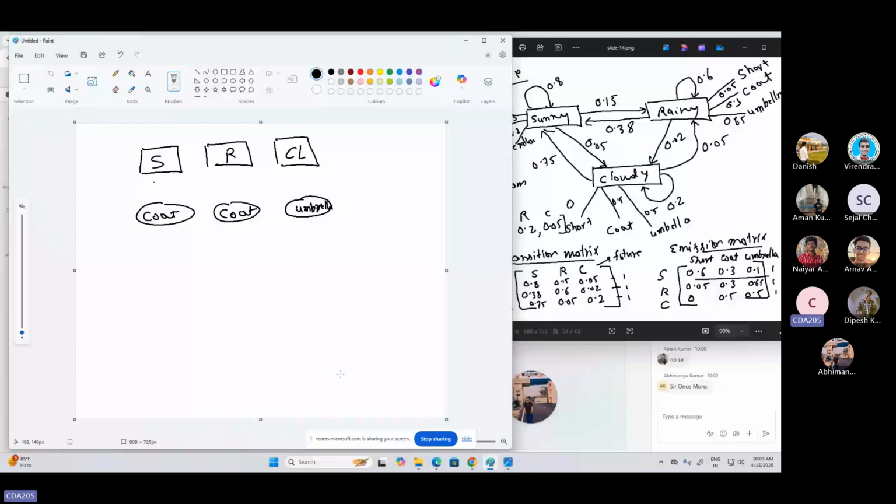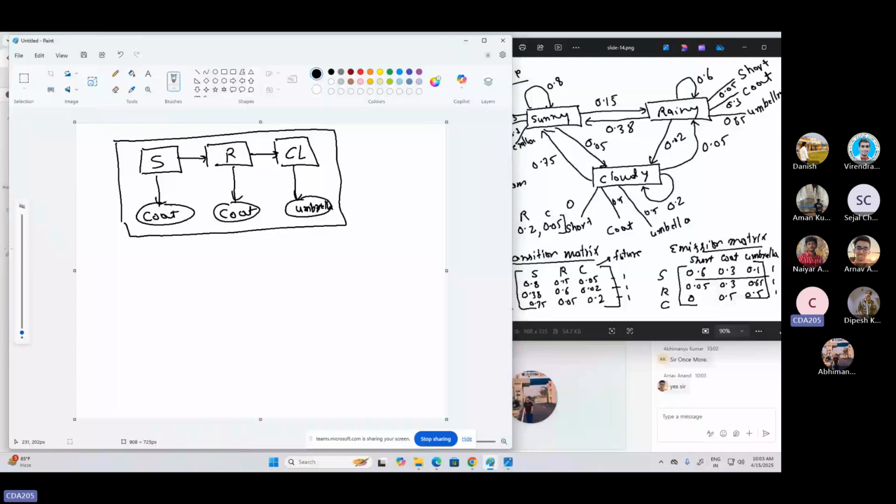So this is the state, this belongs to this state, and this belongs to this. Now we have to find for all these conditions, so we will start from this part.